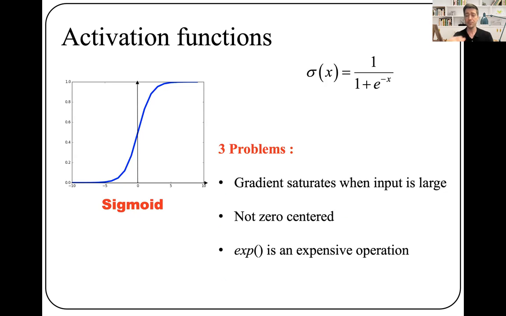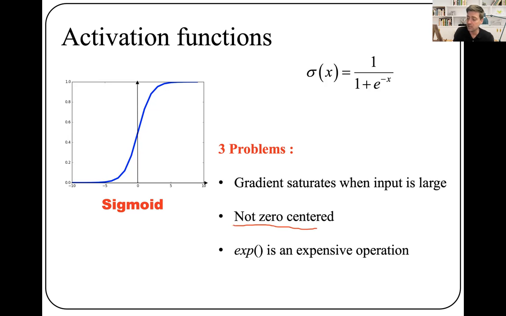And for a long time, this problem made it almost impossible to train networks that had a large number of layers. Okay, so this is a major, major problem. Another problem, which is somewhat less significant, is that the function is not zero-centered.